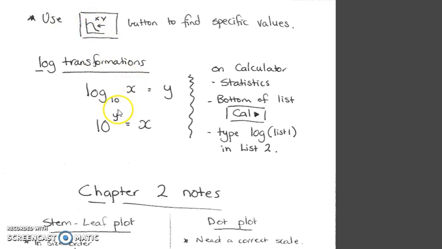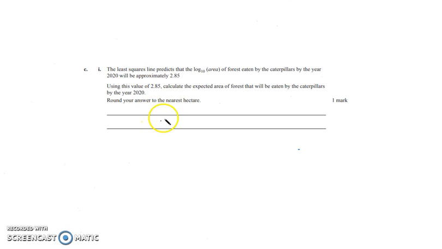Pause if you need to have a look at where the values are going. Back to the question, we solve this by going 10 to the power of 2.85, which gives us 707.94578. The question asks to round to the nearest hectare, which would be approximately 708 hectares.